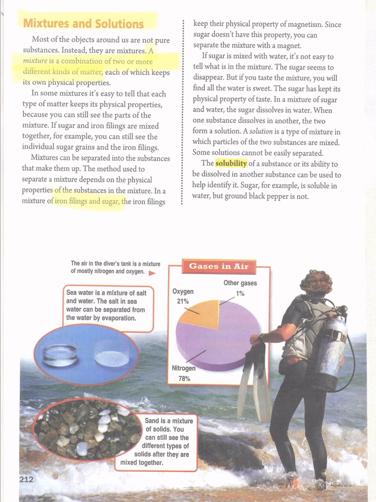By their physical property, by using a magnet. As I told you, magnetism is one of the physical properties. When we use a magnet, the iron will be separated by magnetism, and we say it's a mixture because we can easily separate them from each other.